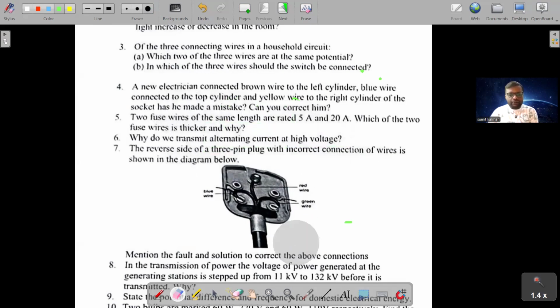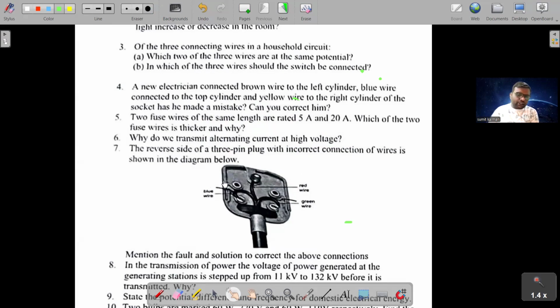Now the next is: the reverse side of a 3-pin plug with incorrect connection of wires is shown in the figure below. It is a reverse side. Is this clear? Not front side, it is reverse side.